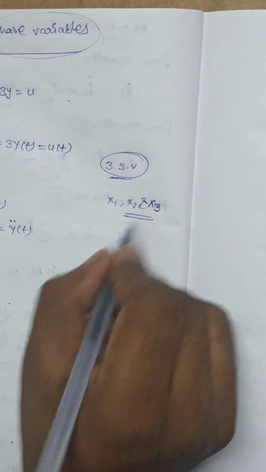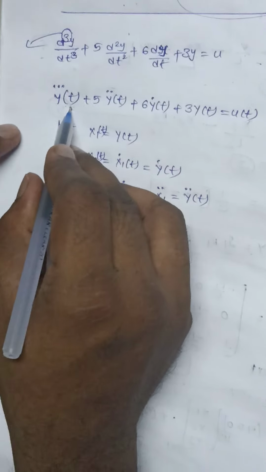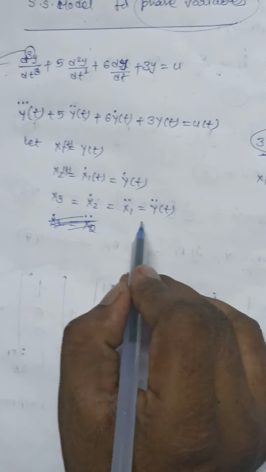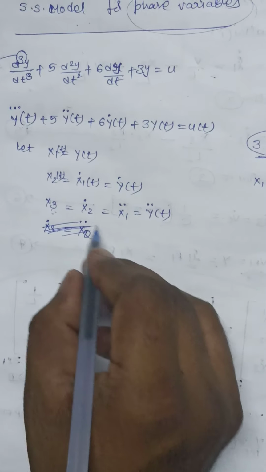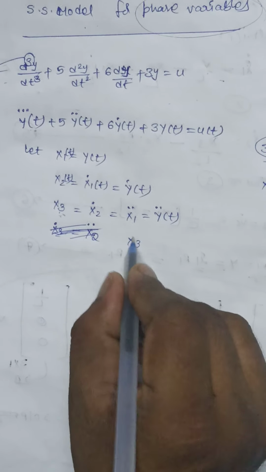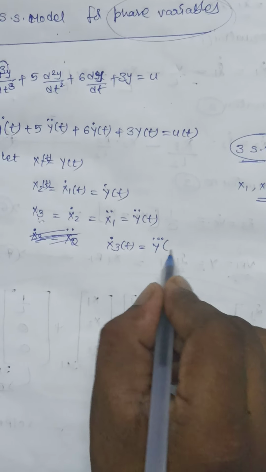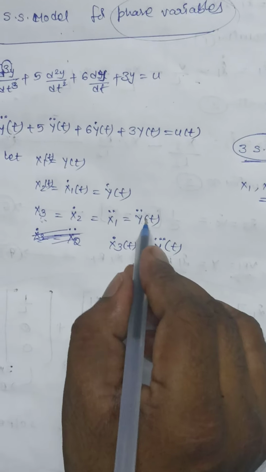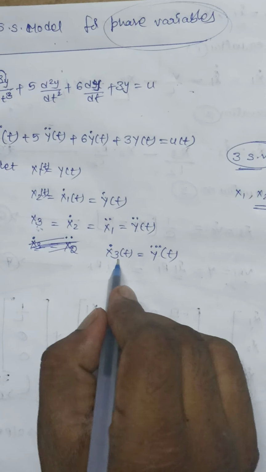Now you see here, y triple dot of t is nothing but x3 dot of t. x3 is equal to y double dot of t. If I differentiate again, it will be y triple dot of t is equal to x3 dot of t.